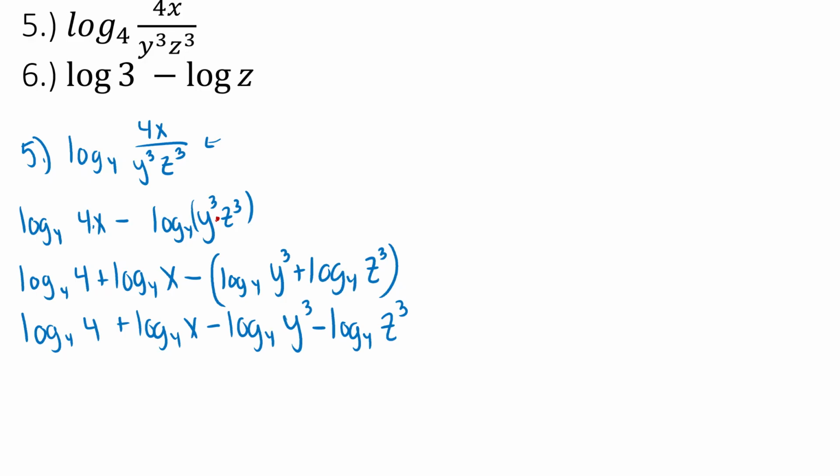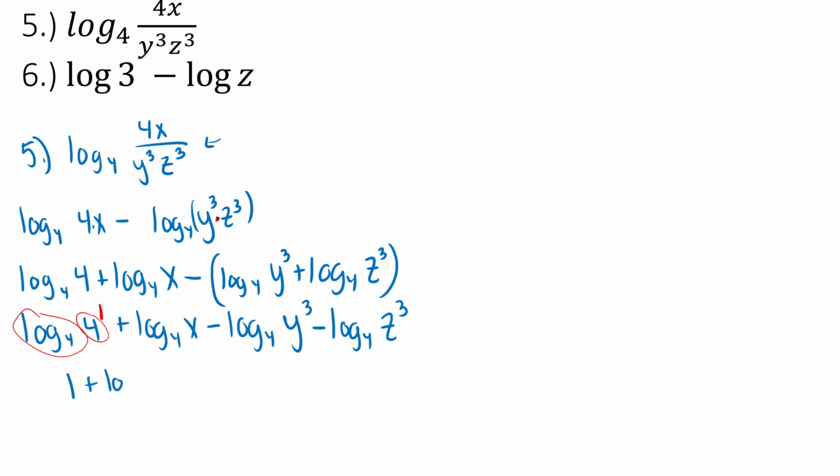Log base 4 of 4. Well, I know that those undo each other. The question is, what's my exponent? Well, the exponent on that 4 is a 1. That's log base 4 of 4 to the first power. And as we established, log base 4 undoes that base, leaving you with 1.